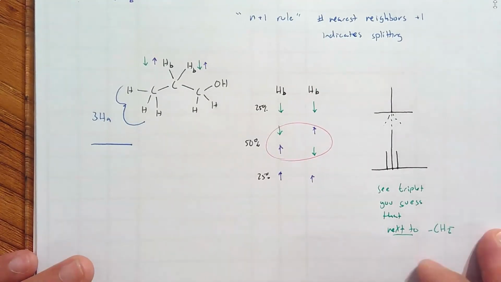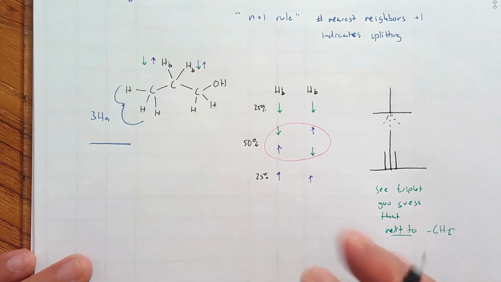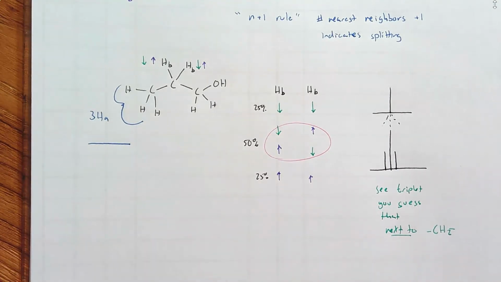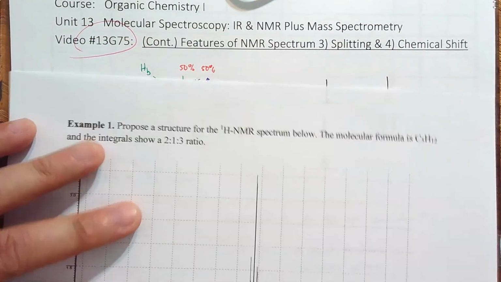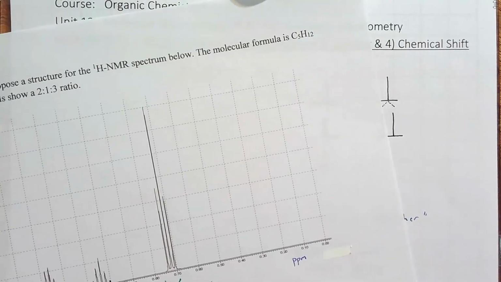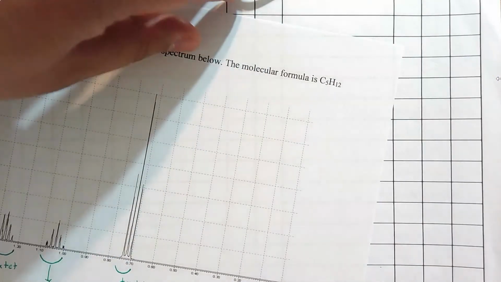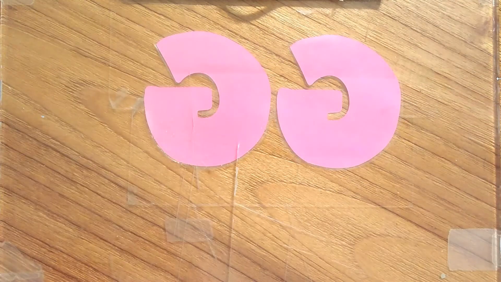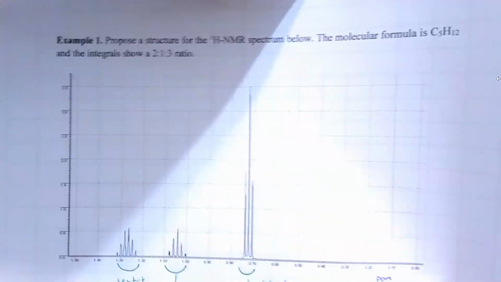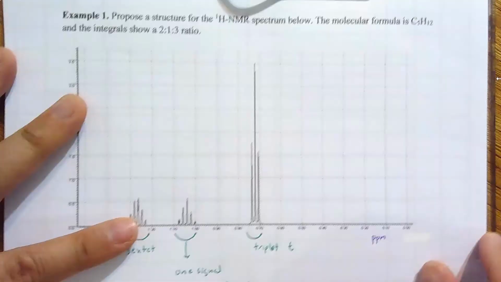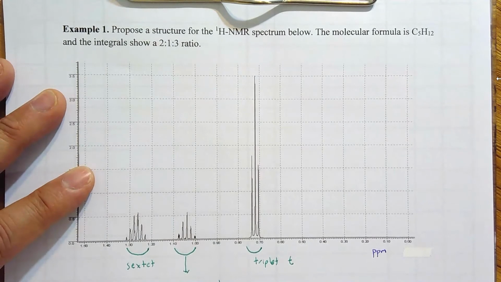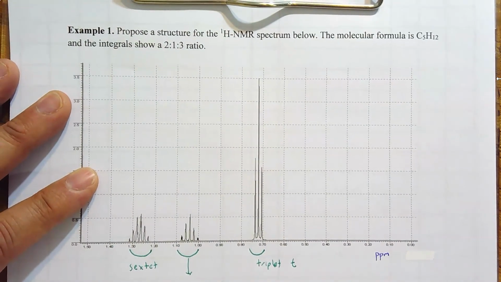Now let's go for an example. That's our splitting. We don't need to talk yet about chemical shift to analyze this spectrum here. I think you're ready. I feel like you're ready. Example number 1.